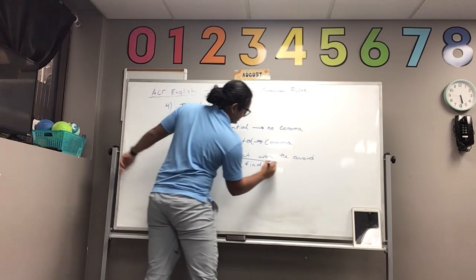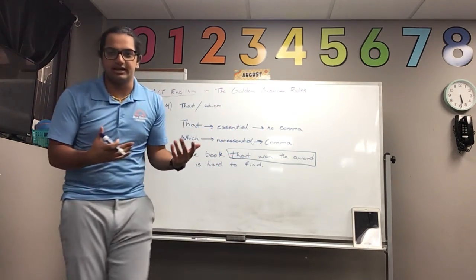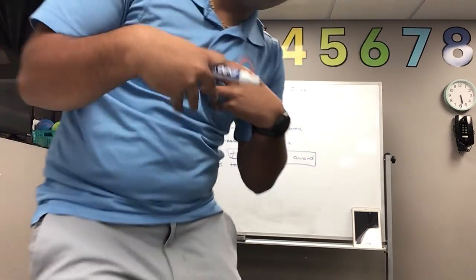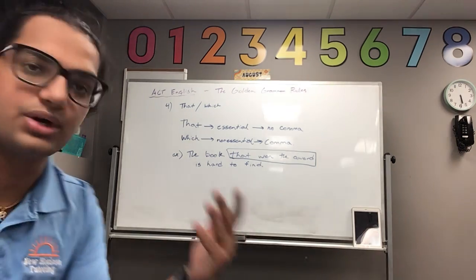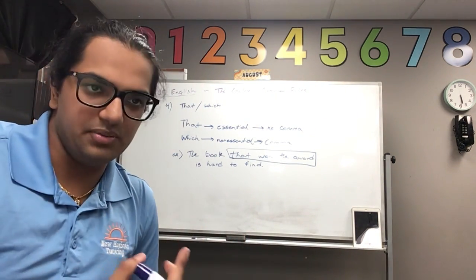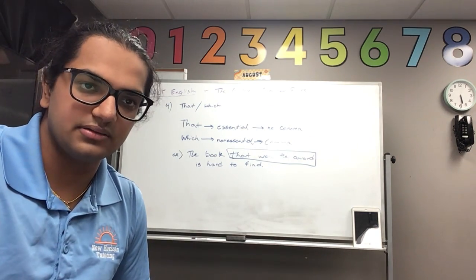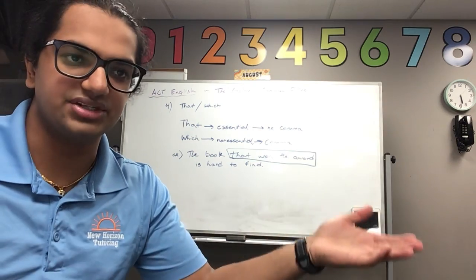I'm going to box in this part right here. That's the clause that we're looking at. So remember, I don't know the book that you're telling me about, right? And then you told me the book that won the award is hard to find. So the book that won the award, now I know what book you're talking about. It's the one that won the award, right? So I didn't know before, and that won the award is essential information to the sentence.